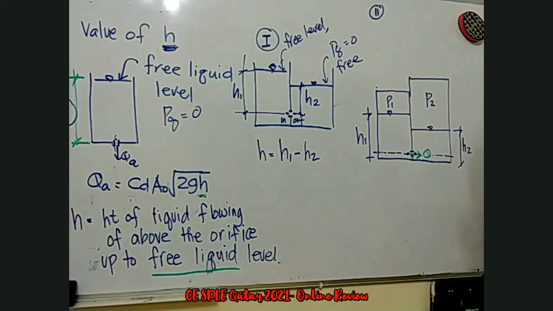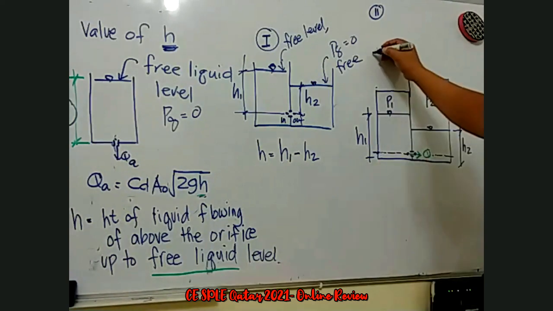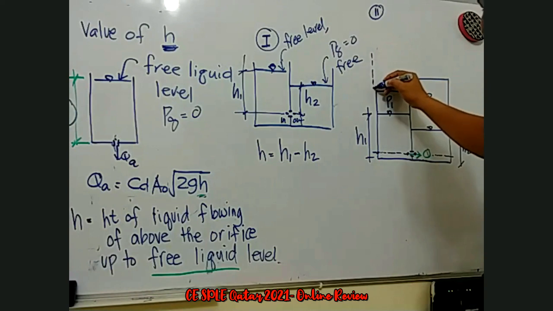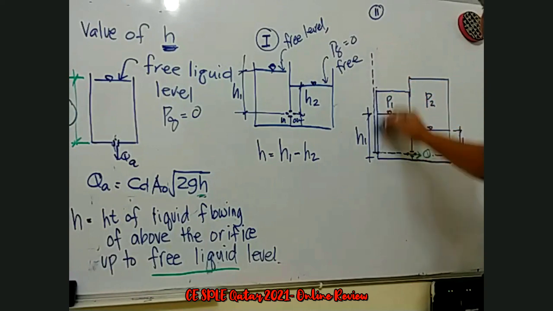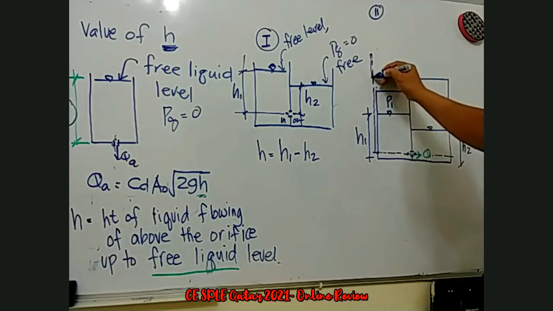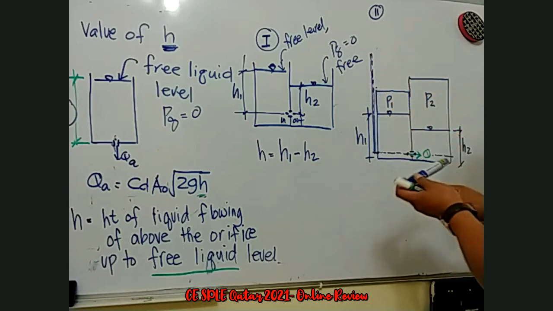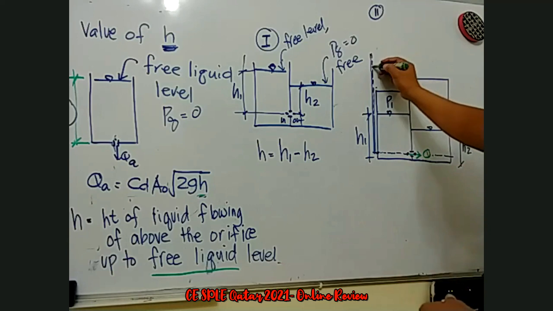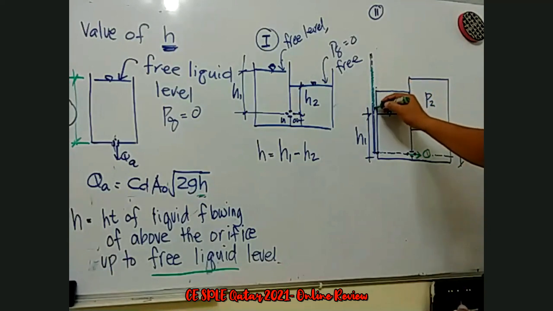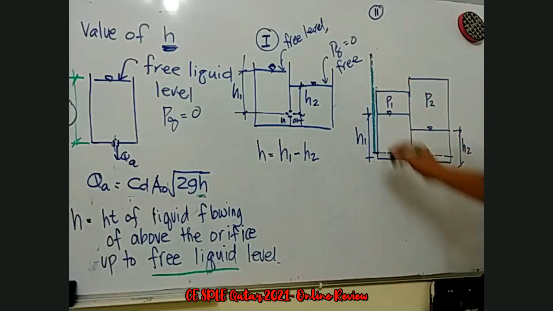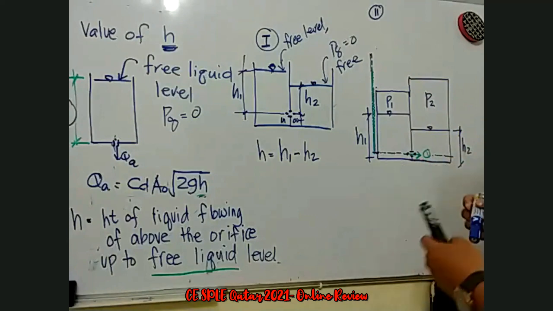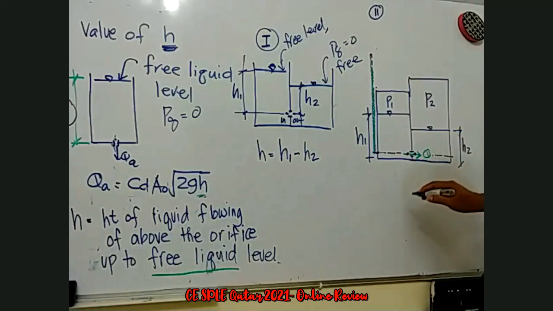Kung maglagay ako ng butas dito, maglagay ako ng piezometer, meron akong makukuhang level, no? Maglagay ako ng hose, tataas yung tubig, di ba? Do you agree na may makukuha akong tubig, no? Aakyat yung tubig dahil sa pressure, tataas yung tubig up to, let's say, a certain level. Okay?